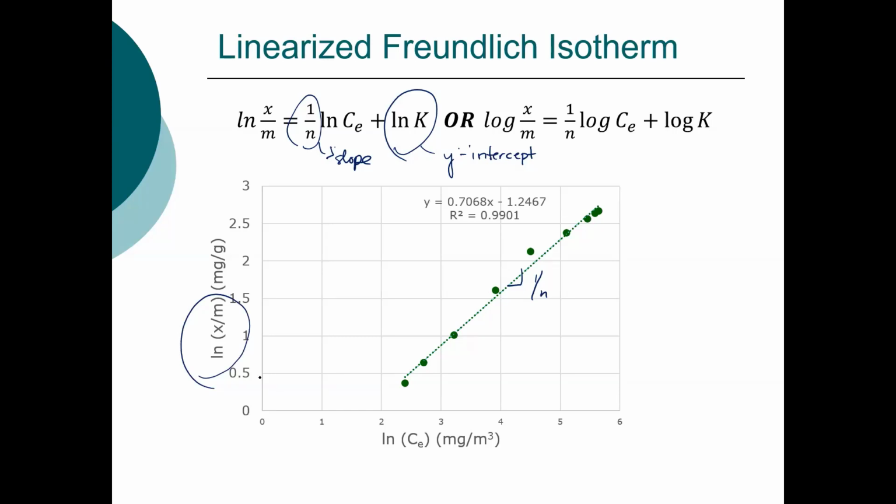And that gives you the values, as I mentioned, 1 over N and log of K. And you can see that here. So we have a slope, this is 1 over N, and this is the intercept. So ln of K is equal to negative 1.25. And from that, we can calculate K.